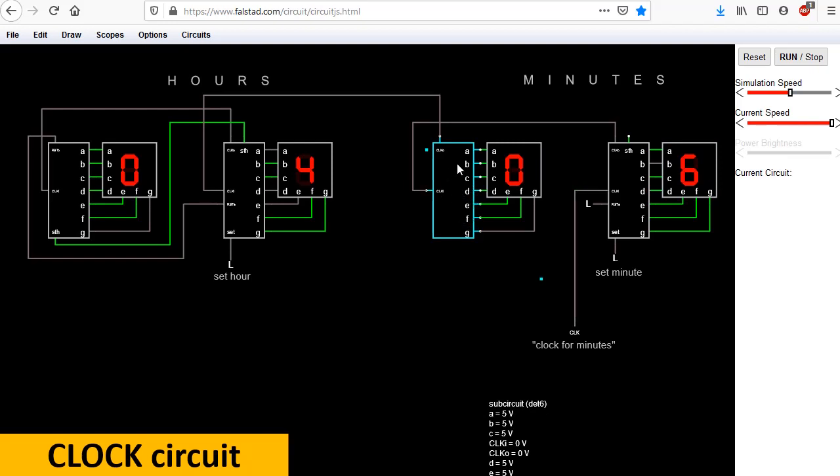That subcircuit counts from 0 to 5, so inside we have detector of 6 to reset the counter inside and to trigger the next stage. Of course, another 7-segment LED driver inside as well.